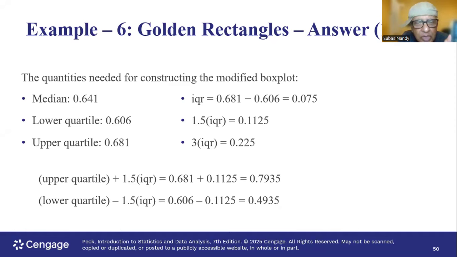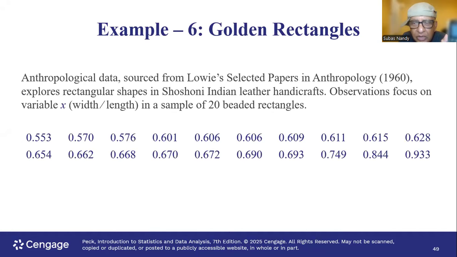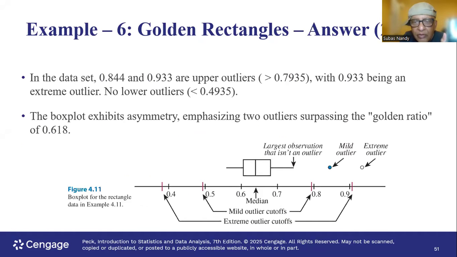That will put you at 0.906, something like that. But your last data point, which is 0.933, is even beyond 3 times IQR on the right of Q3. Okay, so it's an extreme outlier. And they show everything over here.